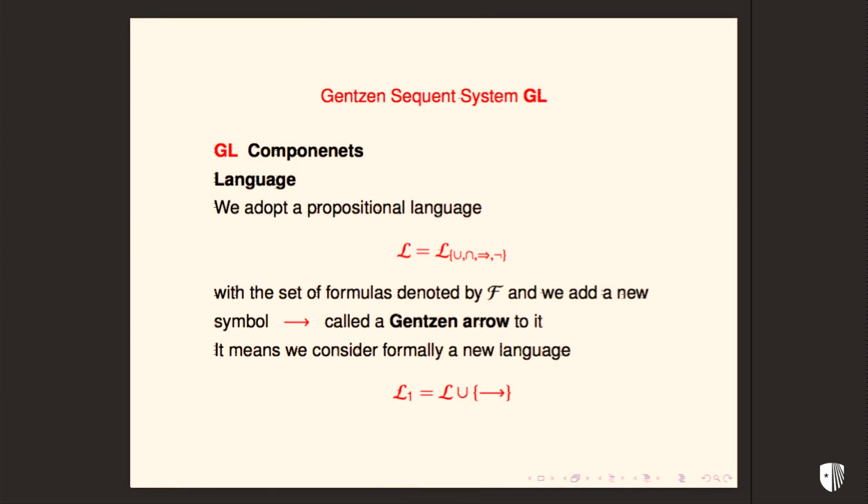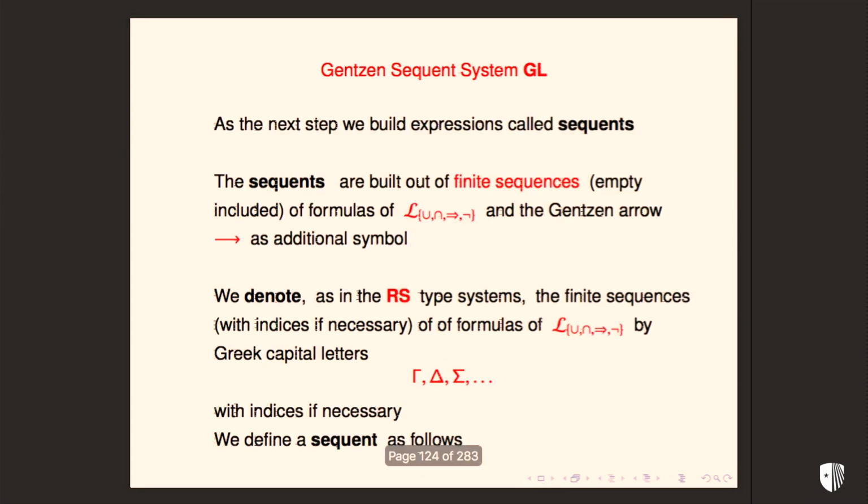So now we add to our language our new symbol, and we create something called sequents. Sequents are built out of finite sequences, empty included, of formulas and the Gentzen arrow.